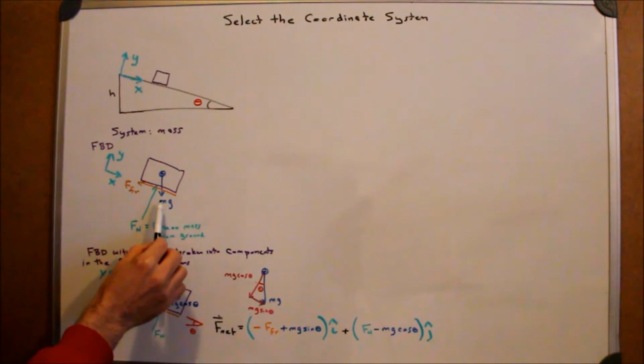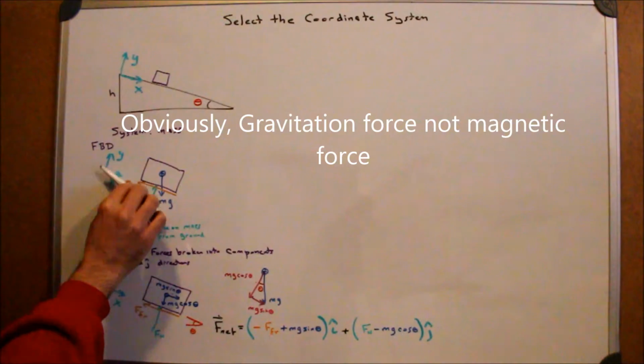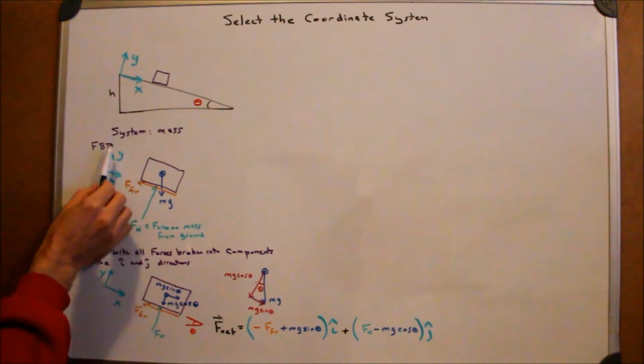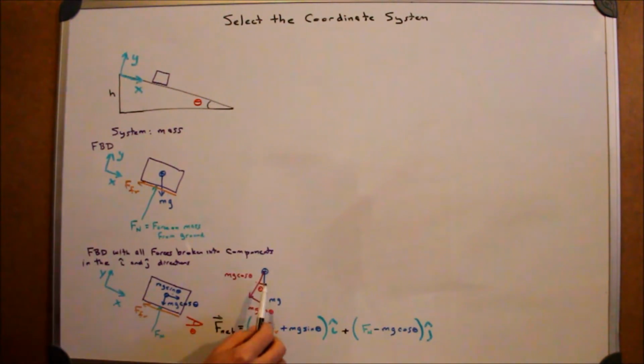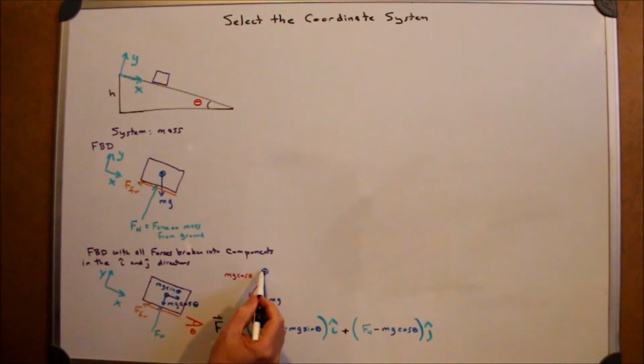This gravitational force is not aligned with one of these vectorial directions. It has some components that are, so we're going to break that up so it matches. So if I think about it, here's my force down. That's really this plus that. So there is some force in the minus y direction, which is magnitude mg cosine theta.